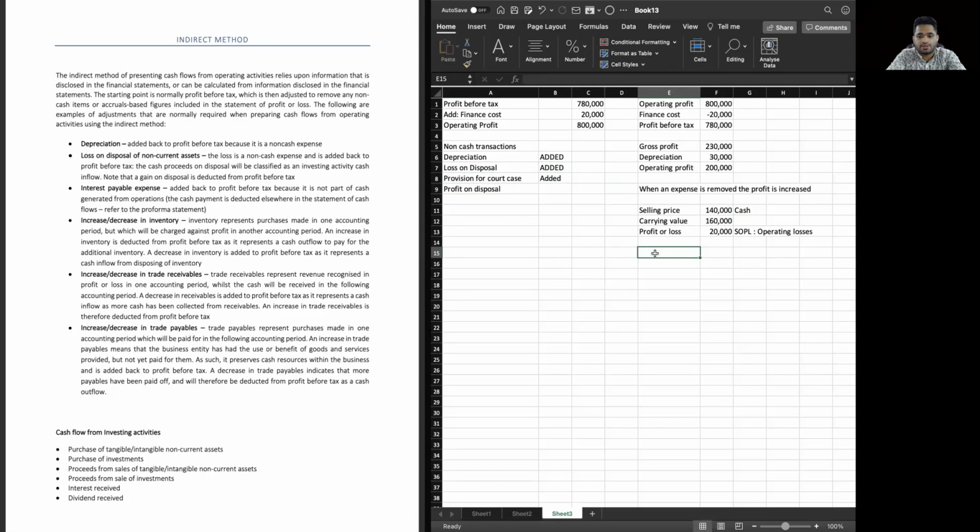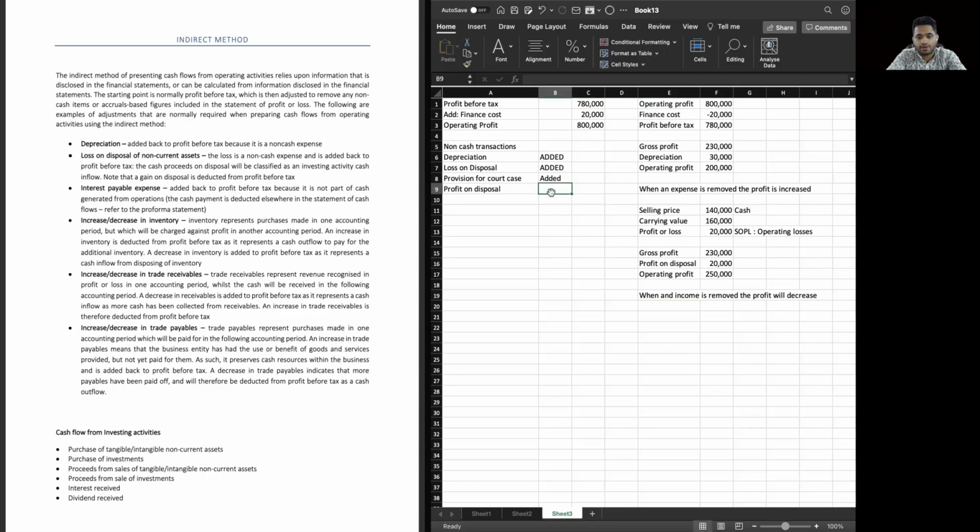Then you would see a profit on disposal. Profit on disposal means it's an income. So if you had a gross profit of 230,000 and a profit on disposal of 20,000, then your operating profit would increase to 250,000 because it's an income. So when you remove an income, your operating profit will decrease. When an income is removed, the profit will decrease.